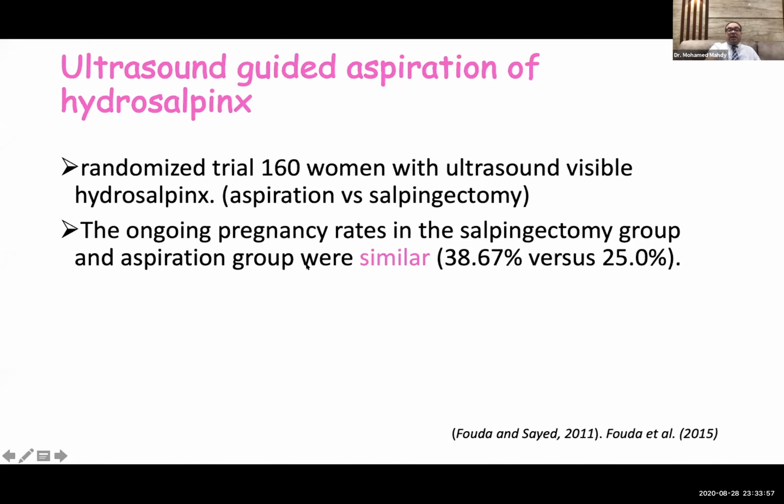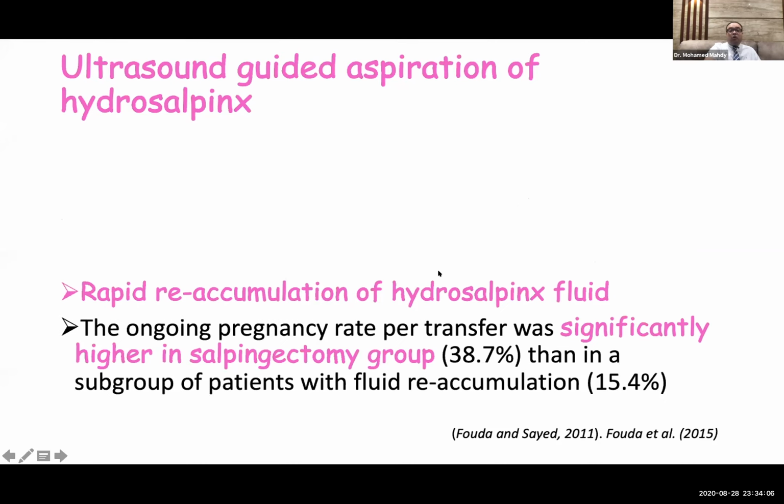Ongoing pregnancy rate was similar to salpingectomy, but a sector of these patients had a rapid reaccumulation of hydrosalpinx fluid, and it significantly affected the pregnancy rate. So ultrasound-guided aspiration may be useful, but it has a higher reaccumulation rate, which affected the pregnancy rate compared with salpingectomy.